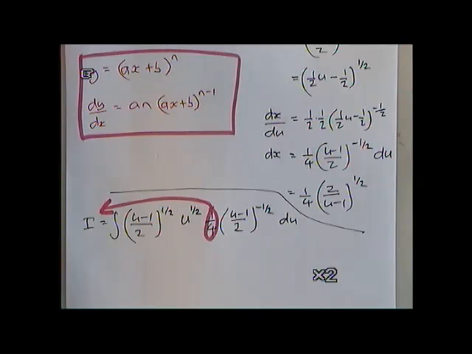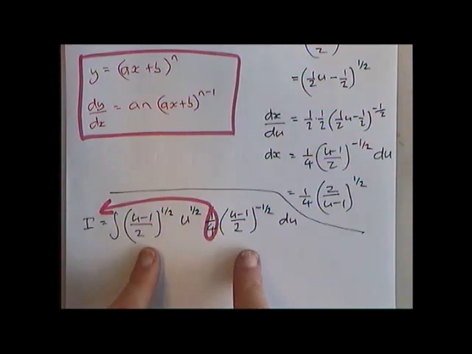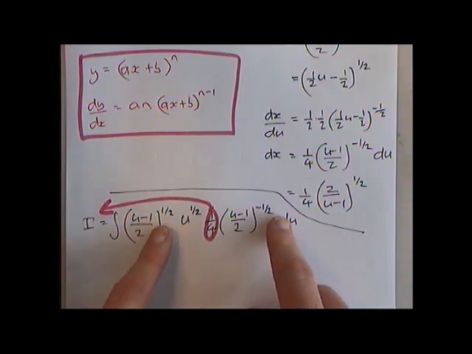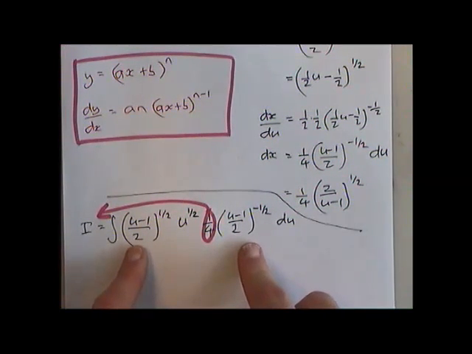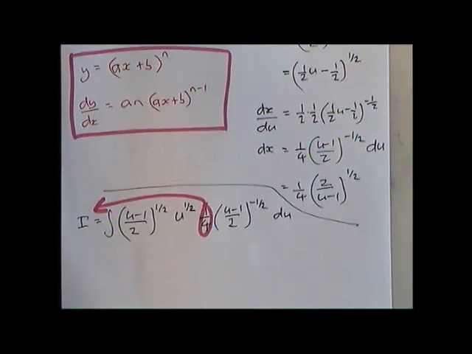Look at the brackets. What can you say straight away about the brackets? The brackets are the same. You're timesing things together with powers on. What do you do when you times the same thing with powers on? What do you do with the powers? You add them. What do you get when you add a half and minus a half? So that bracket has a power of 0.